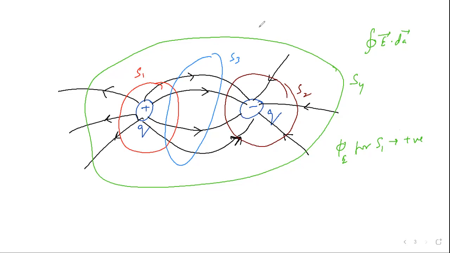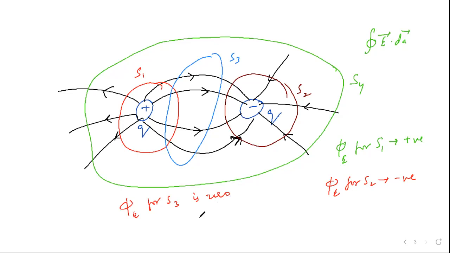For S2, everywhere electric flux is entering the surface. So flux for S2 is negative. What about S3? Flux for S3 is 0. Why? Because leaving flux is equal to entering flux. 4 lines are entering S3 and 4 are leaving. So net flux through the surface is 0. What about S4?